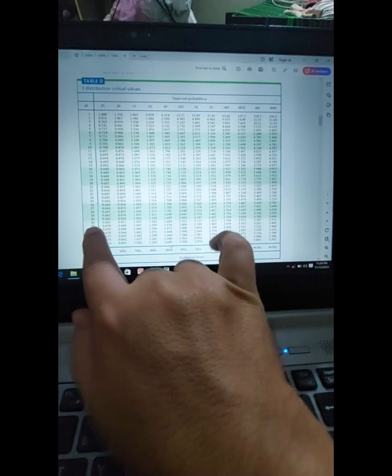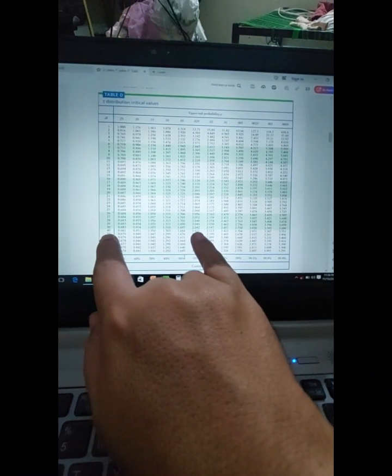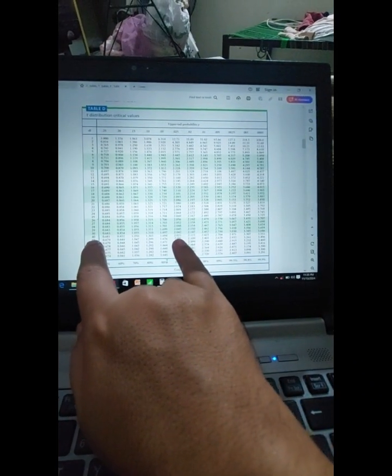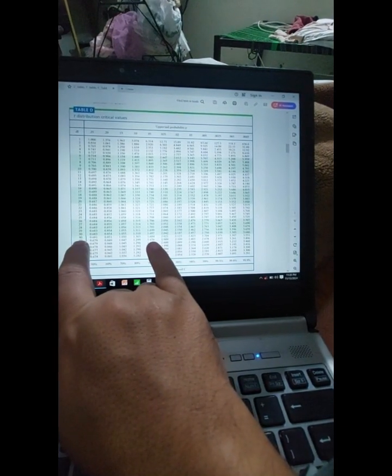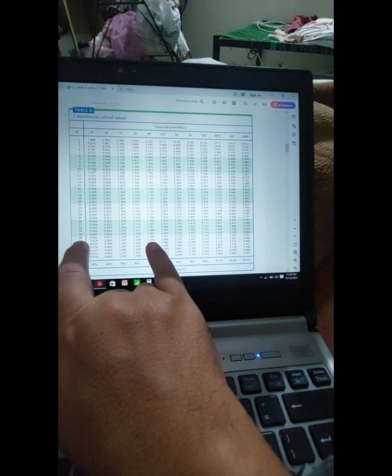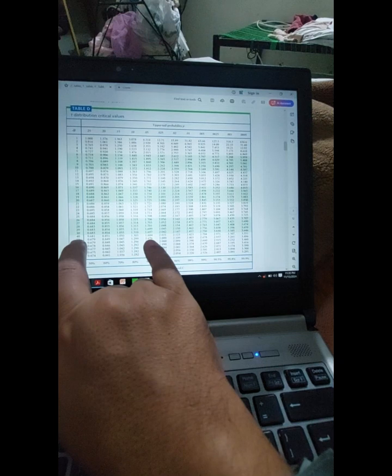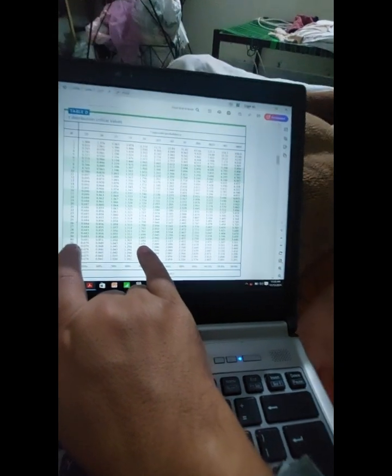So we take this and the level of significance is 0.05. So it will get us a value of 1.676. Okay, 1.676 is the desired value.